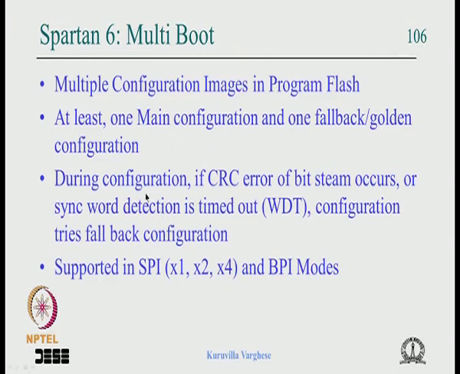Or if the sync word detection is timed out, that means at the beginning there is a sync word, and if that is corrupted, there will be a watchdog timer which is waiting for it, and if it does not come, that times out, and in that case it can fetch the golden configuration from a particular location, and that can program the FPGA and recover from that particular error.